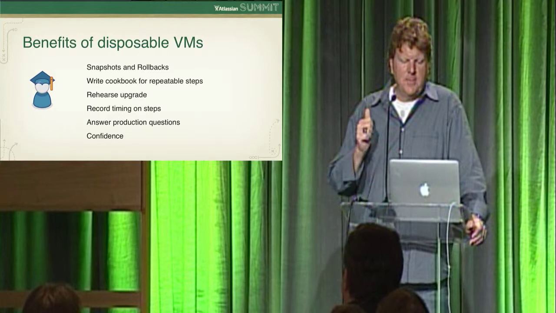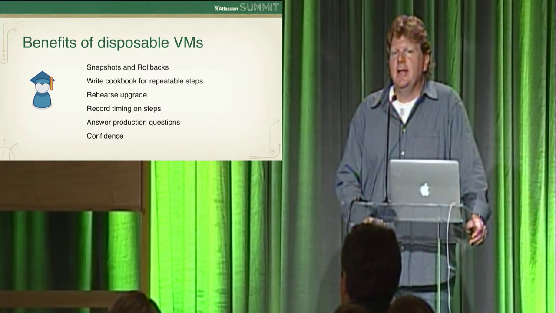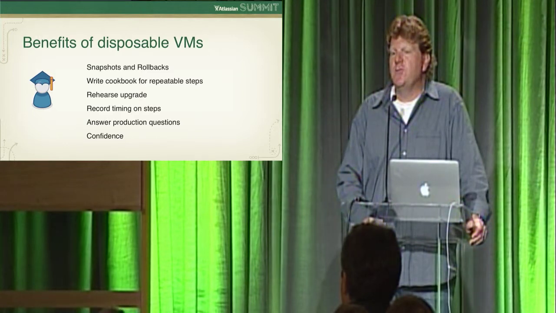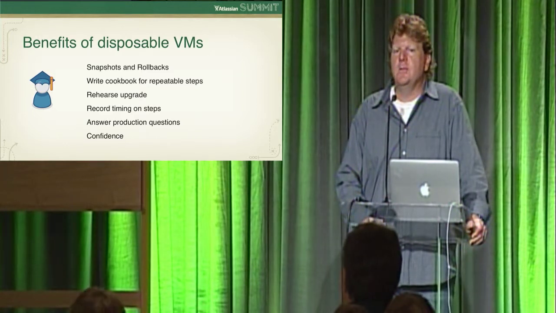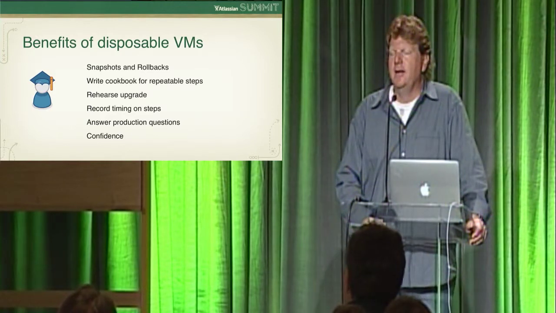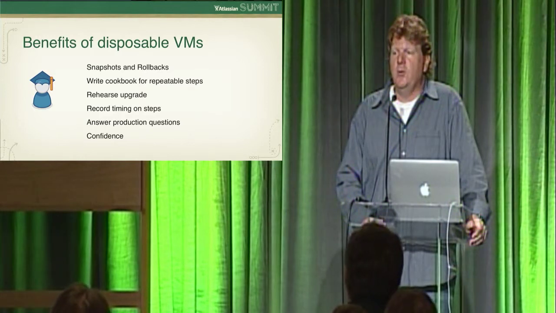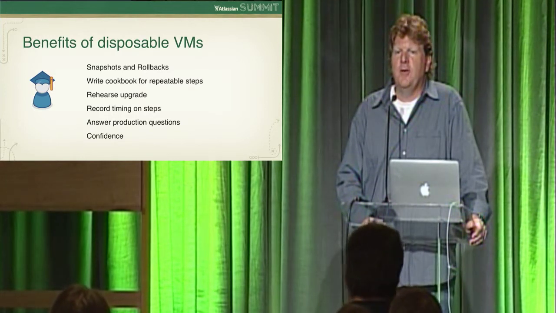Record the timing of your steps. You can answer those production questions. And it gives you confidence that when it comes time to do this for real, you've already done it a few times. You know exactly how long it should take. You know exactly what this is going to look like in the end. And you can throw your disposable production environment away when you're done and make a new copy of production.